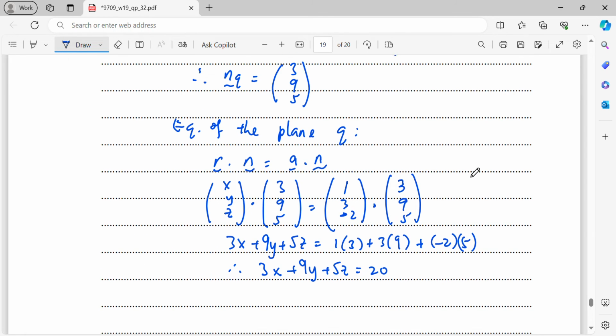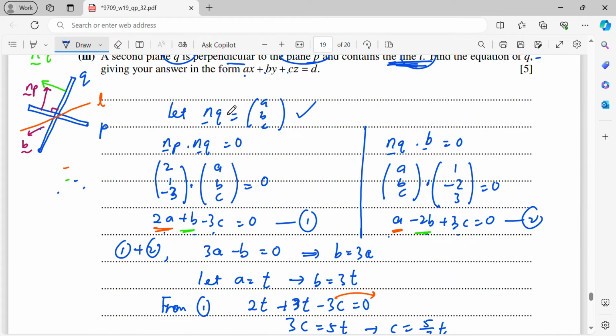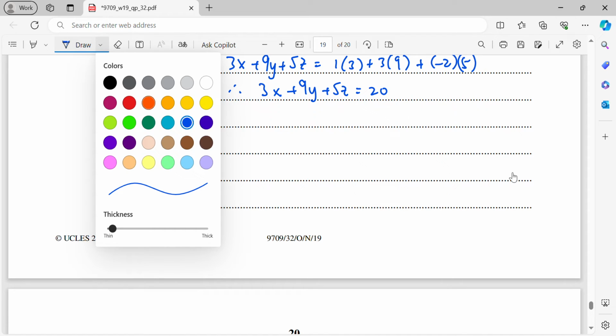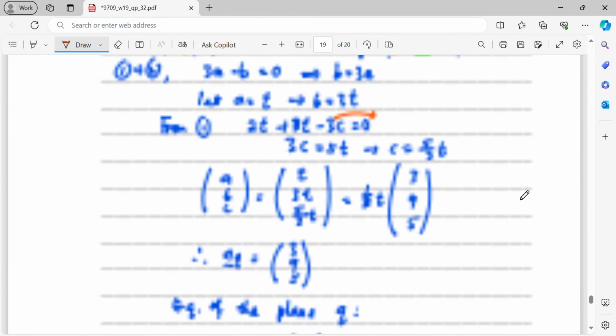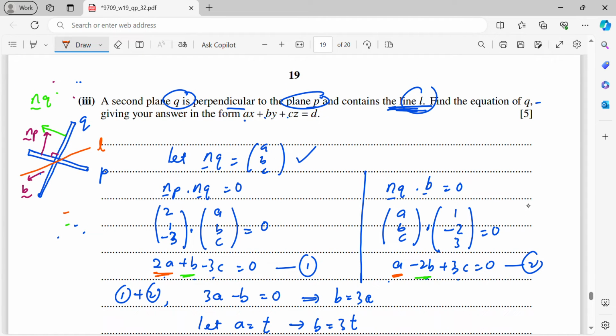So this is the long method, right? That means we are using dot products to find the NQ. So now I show you the alternative method, the shortcut. To get the NQ, you can just use the normal vector n from the plane P and the straight line, because we know that this is the plane Q and it is perpendicular.